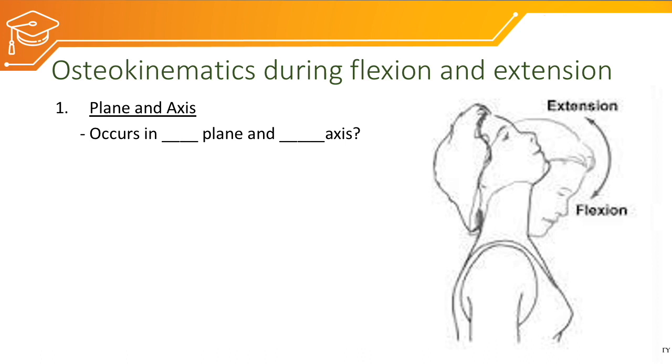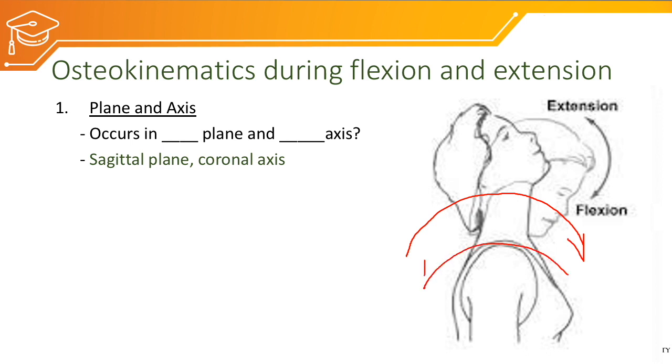The flexion and extension of the cervical vertebra occurs in the sagittal plane and coronal axis. The movement is in this direction for flexion and this direction for extension. So this occurs in the sagittal plane and the perpendicular axis to the sagittal plane is called the coronal axis.